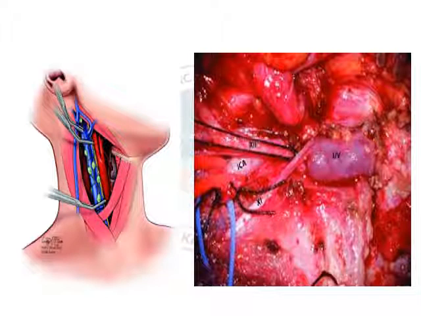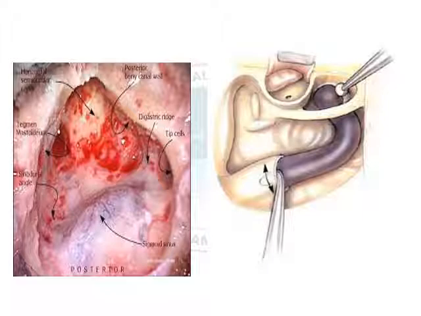When it comes to investigations, you should take a blood smear. Why a blood smear? In case of malaria also, you will have this kind of on and off fever.